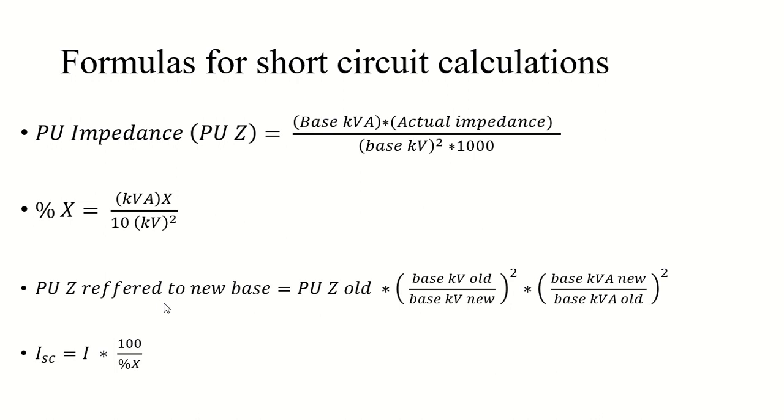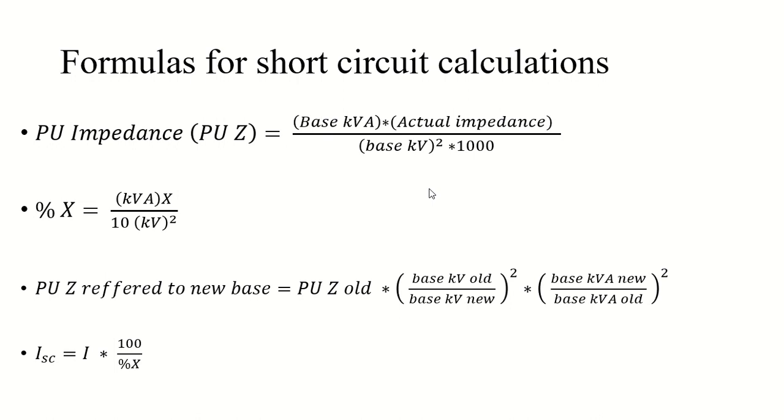It will be the old per unit impedance multiplied by the old base kV divided by the new base kV, whole square, into the new base kVA divided by the old base kVA. That will be the formula of per unit impedance referred to a new base whenever you are required to change the base.